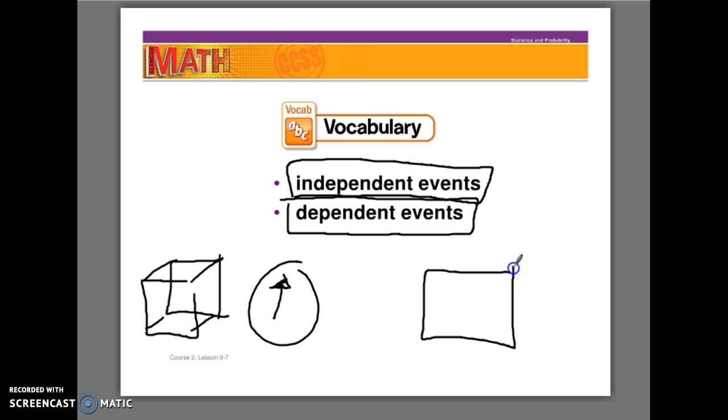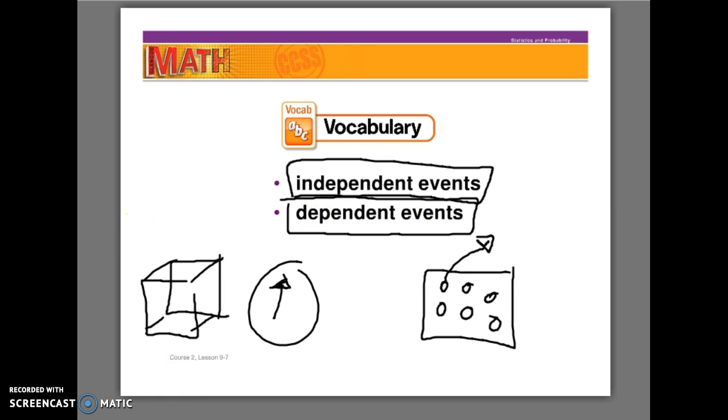So if I have a bag of marbles and I take one out, that changes how many marbles I have left in my bag. So it depends on what color I ended up pulling out because that's going to change my probability for the next event. So independent is something that does not affect the other.